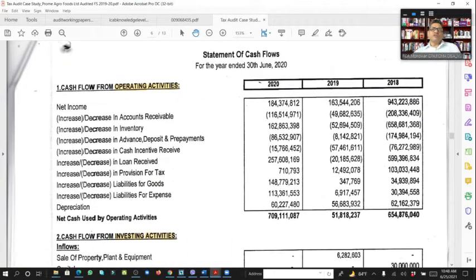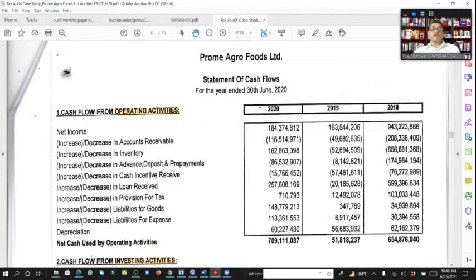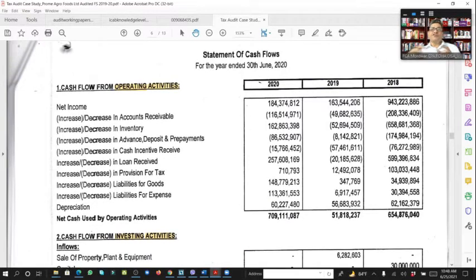Also, if we go for cash flow calculation, then we have to follow 2 methods. One is the direct method, another is the indirect method. So what is the direct method? The direct method is that in operating activity, we accumulate all receipts and all payments for the operation purpose, and that figure summarizes operating activity.